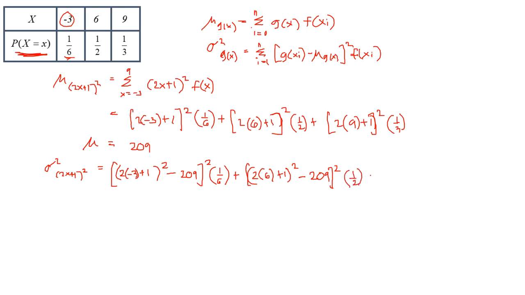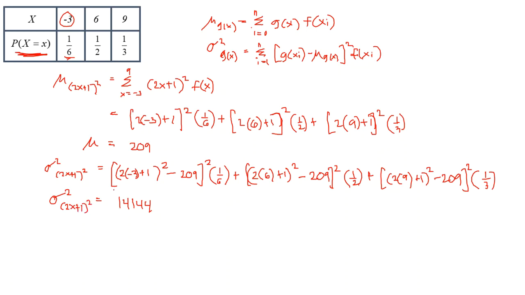The same process with the last one: 2 times 9 plus 1, squared, minus our mean, which is 209, squared since that is variance, times our probability for 9, which is 1/3. So that gives us a value of 14,144. That is already our variance for the function 2x plus 1 squared.